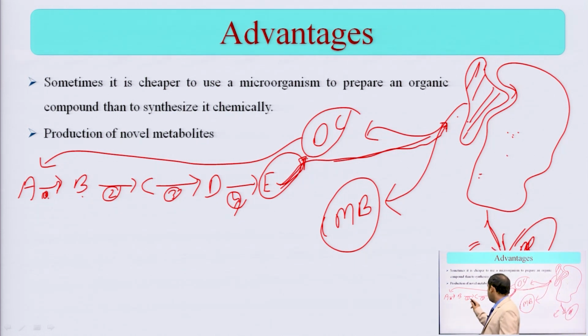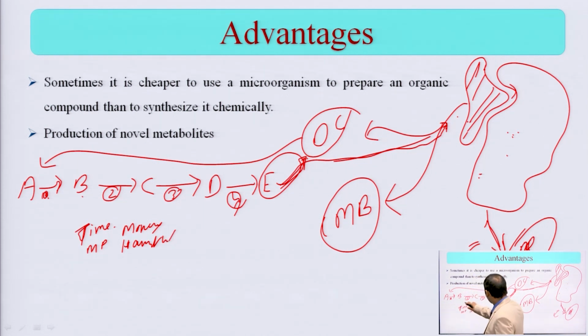But in all the 1, 2, 3, 4, 5 reactions, you have to give some time. Let me write. You have to give the time, you have to use the manpower, then you have to invest money, and sometimes it might be harmful, because lots of chemicals are involved.